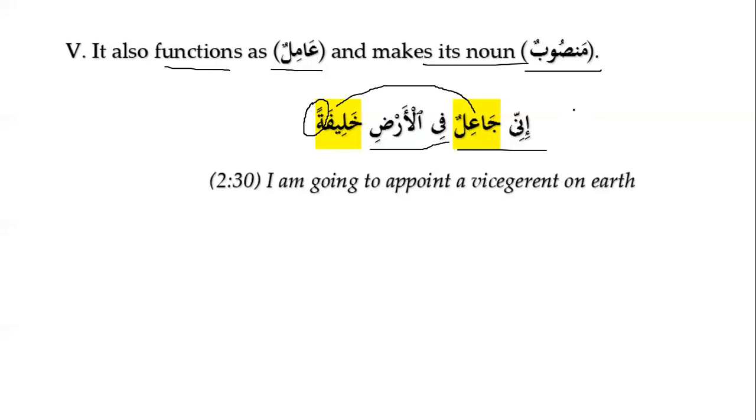So these are a few things that we need to know about ismul fa'il, because in the beginning we only knew that it means the doer, but now we know that it can be amil. We know that it is used as mudaf. We also know that it gives the meaning of will or I am going to. So inshallah, when we discuss the lesson now, you will see that we have a very good implication of these rules, inshallah, in the lesson.